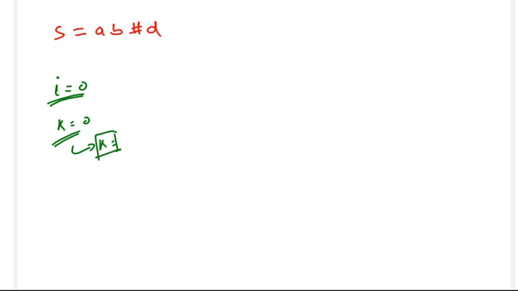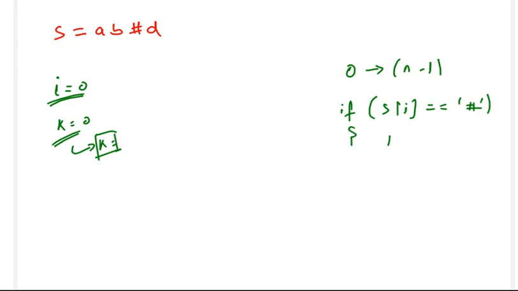The algorithm goes like this. We will be traversing from 0 to n minus 1. Now every time, if we get a hash, that is, if s of i is equal to hash, we will decrement our k by 1. Otherwise, we will assign s of i to s of k and increment our k by 1.